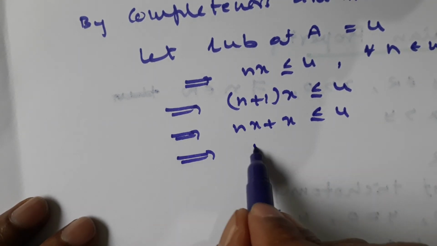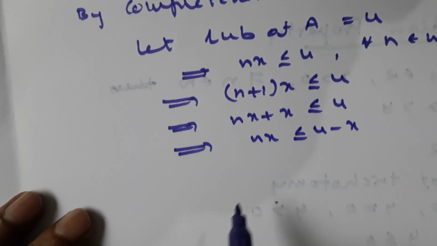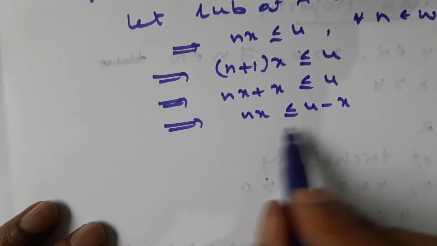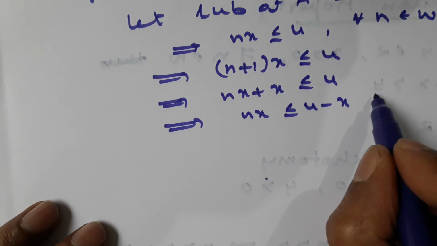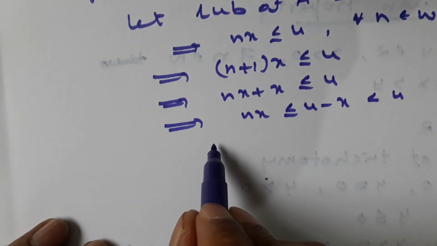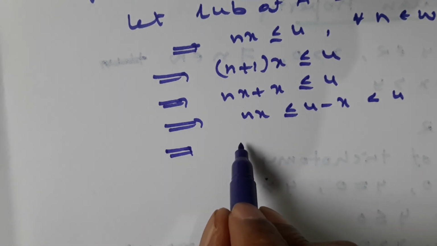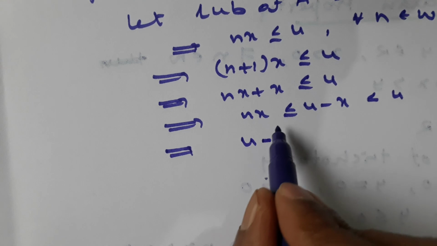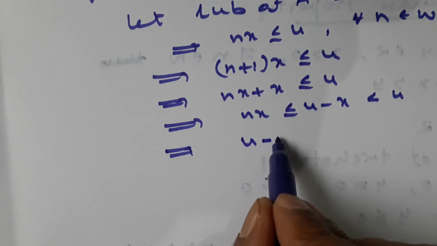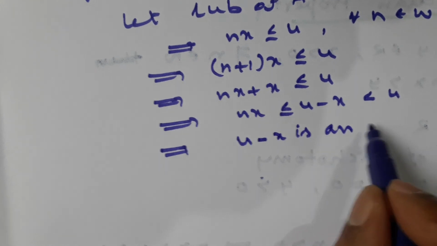This implies nx less than or equal to u minus x. Automatically u minus x must be less than u. So finally u minus x is an upper bound of A.